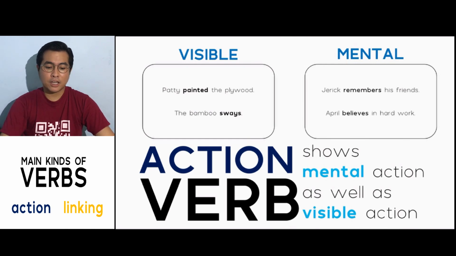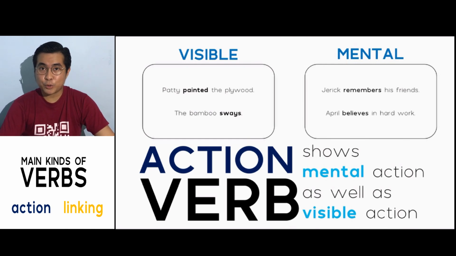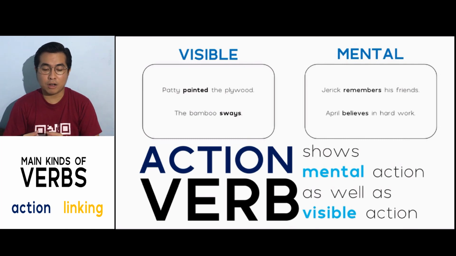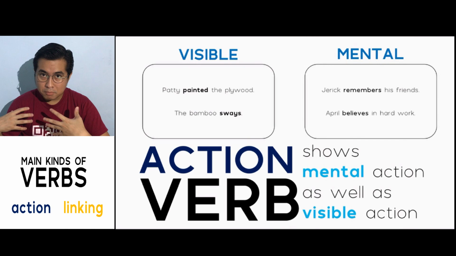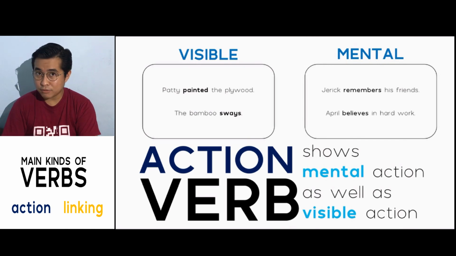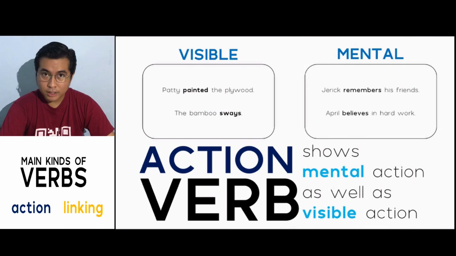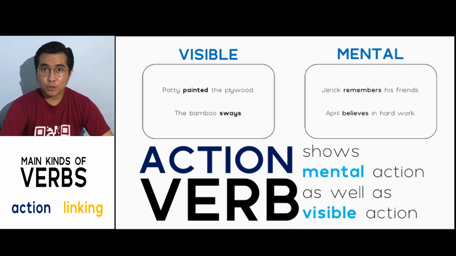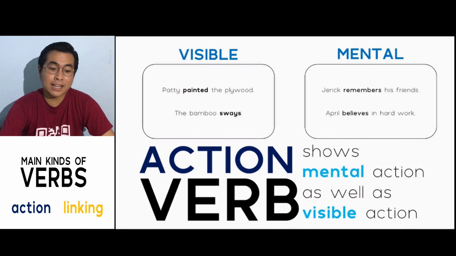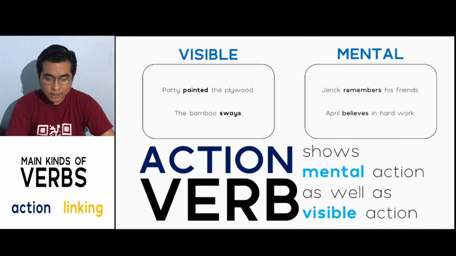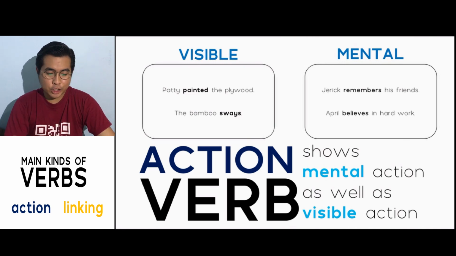For example, April believes in hard work, so she is making sure that she will be successful by doing a lot of work, or doing her best in a particular task. So those could be manifestations of that belief. That's your mental and visible action verbs.